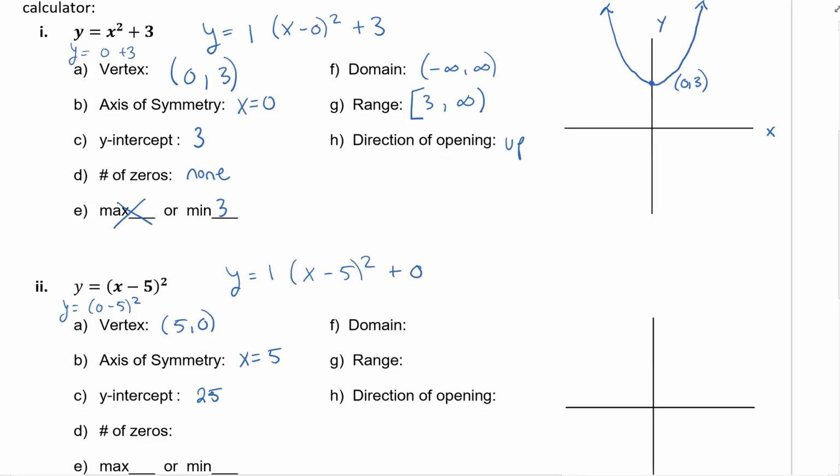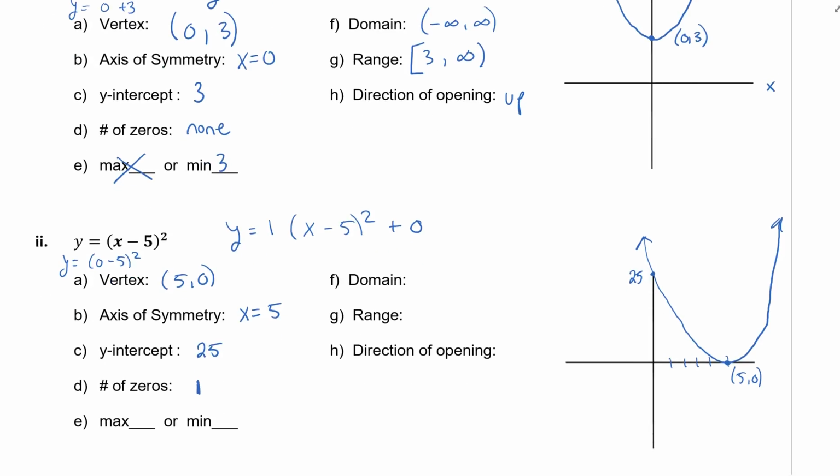So this is opening up with a vertex at (5, 0). So let's put that in. Got 1, 2, 3, 4, 5. And then I would have my graph here, and it's crossing the axis here at 25, and it's opening up. So I can see here that my number of zeros is going to be 1.